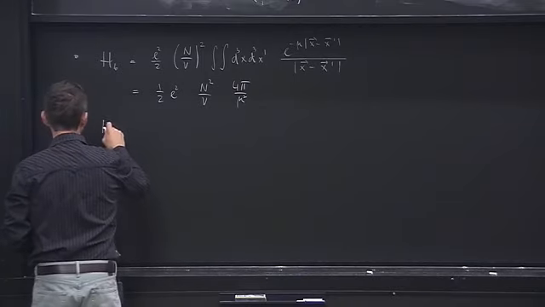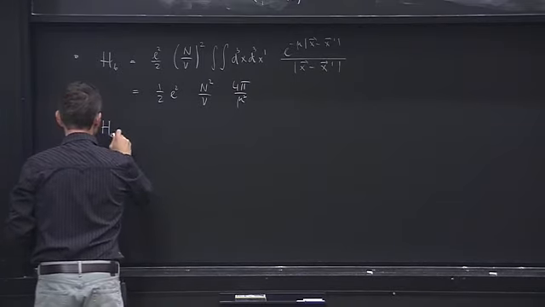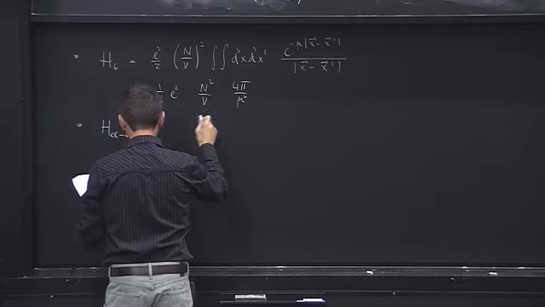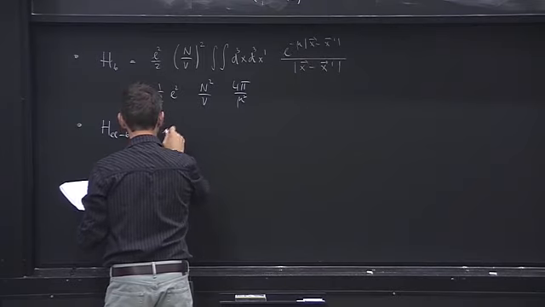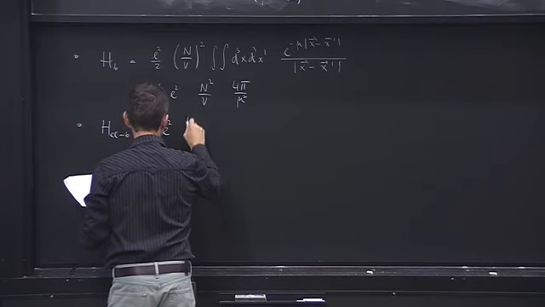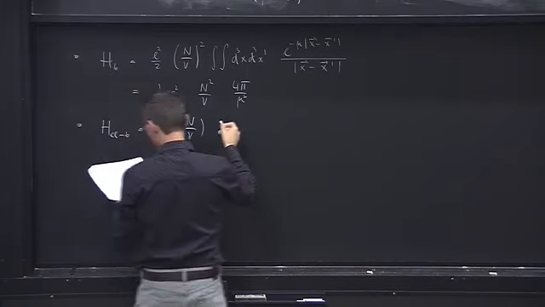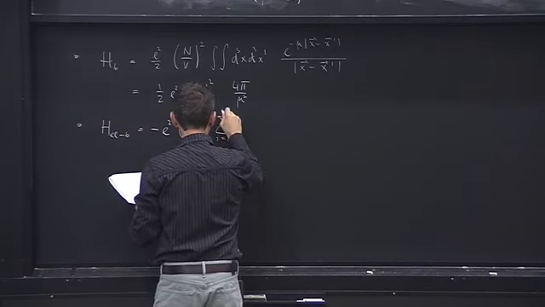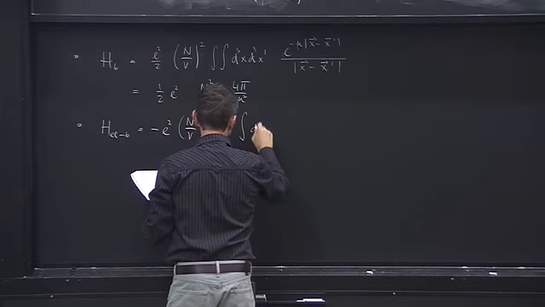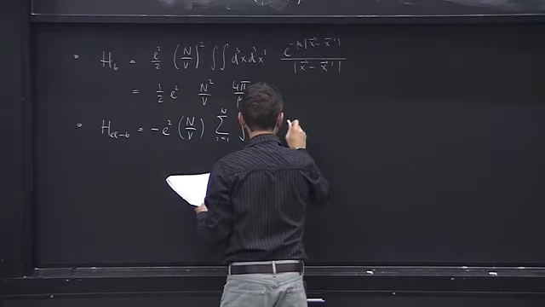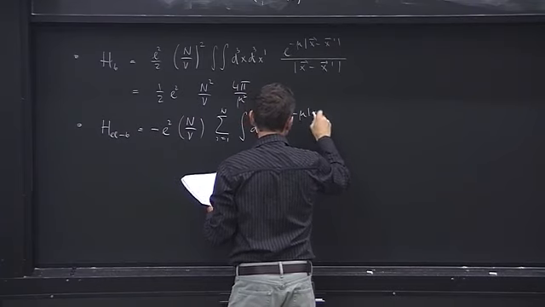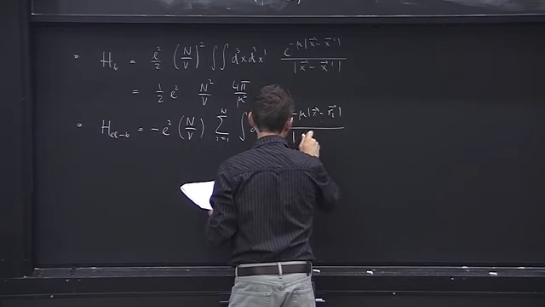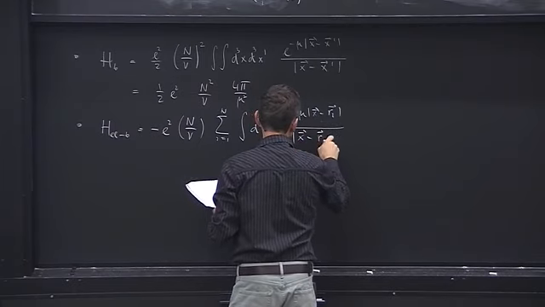Similarly, one can treat this H electron-background. And again, I consider the uniform background charge, so I can take out one power of N over V, and then I get a sum over i equals 1 through N of the integral d3x e to the minus mu |x minus R_i| over |x minus R_i|.